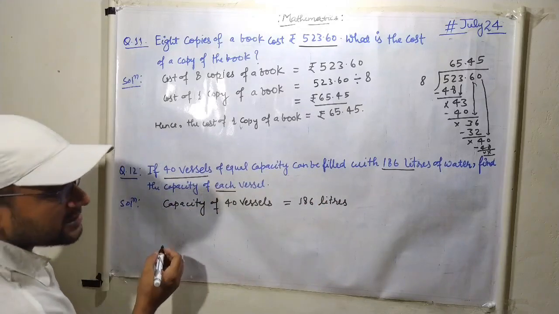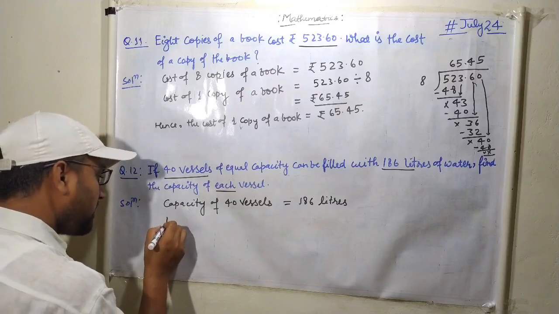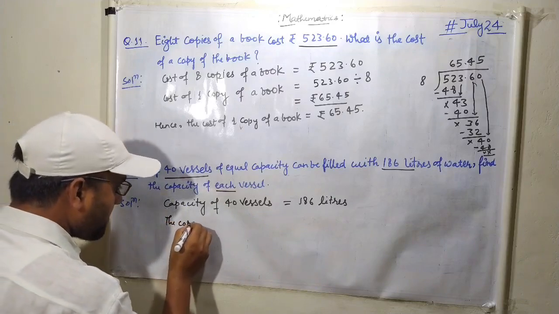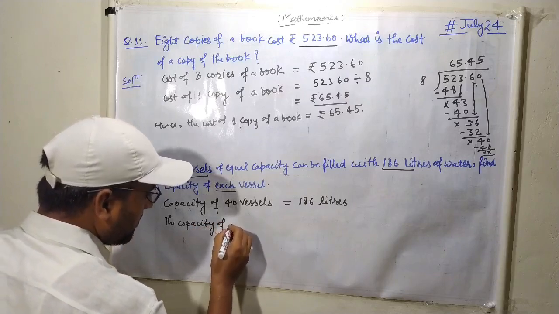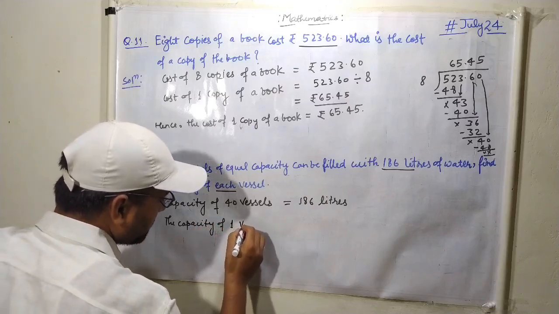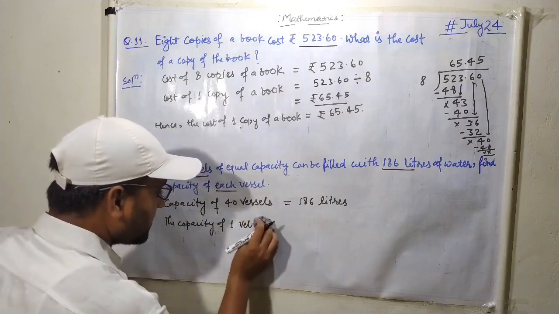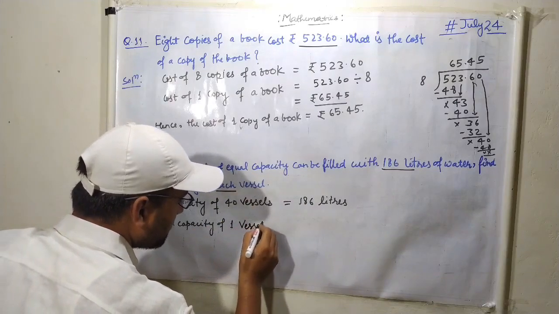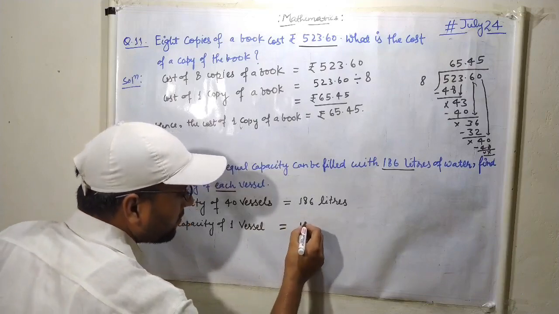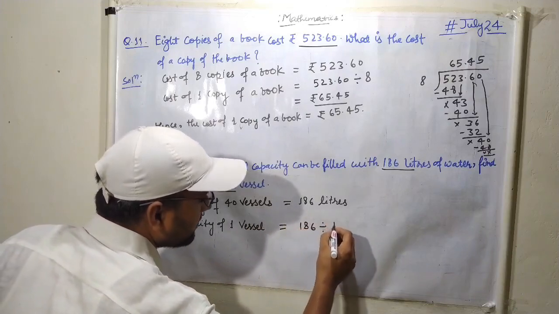So the capacity of one vessel is 186 divided by 40.